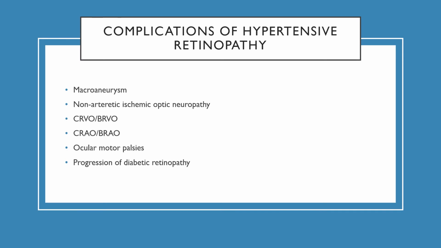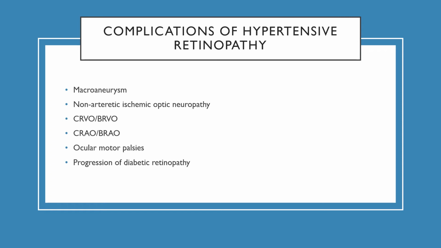There are multiple complications of hypertensive retinopathy to be aware of, the commonest of which include central retinal artery occlusions, central retinal vein occlusions, or CRAO and CRVO, and their respective branch retinal occlusions. Other further complications include progression of diabetic retinopathy, which is a further condition which we will discuss.